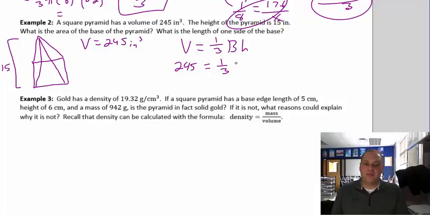I don't know my base area. I'm trying to find my base area. I know my height is 15. So I'm trying to find the area of the base right there.